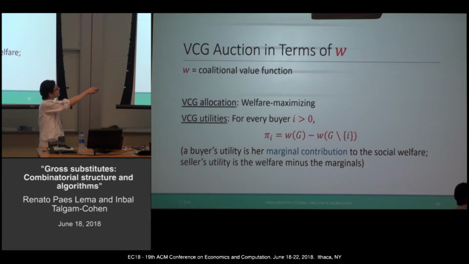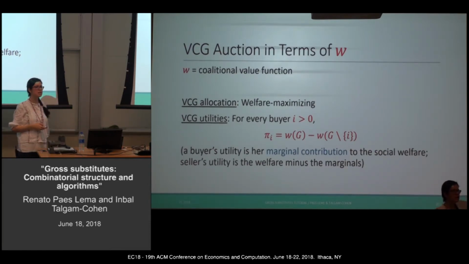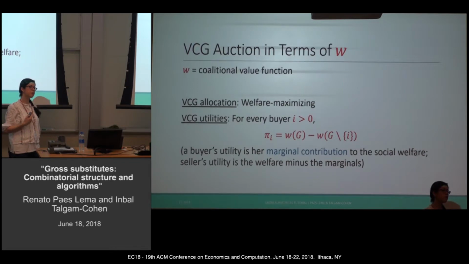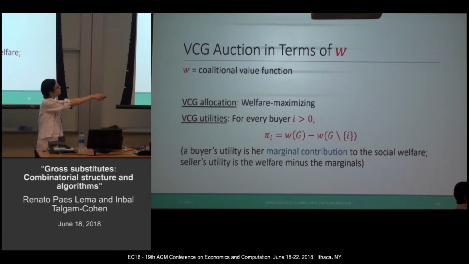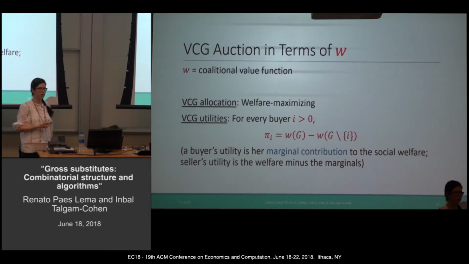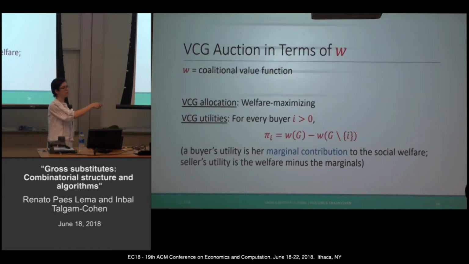And now for the prices, well, the prices are set precisely such that the utilities of the players are their marginal contribution to the social welfare. Whatever the grand coalition value is with buyer I compared to what it is when buyer I is taken away.